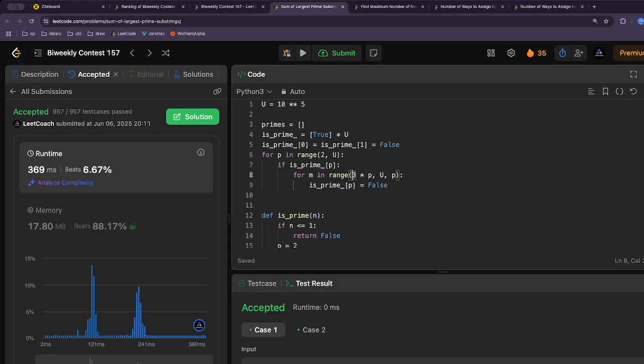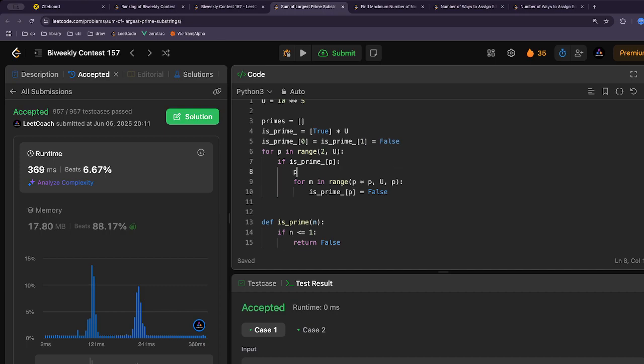So all the multiples of p that are multiplied by a factor that is smaller than p should be already crossed out as not prime, right? So you don't have to go over.